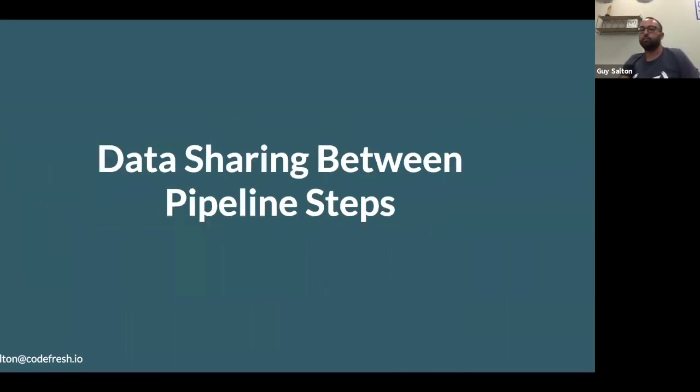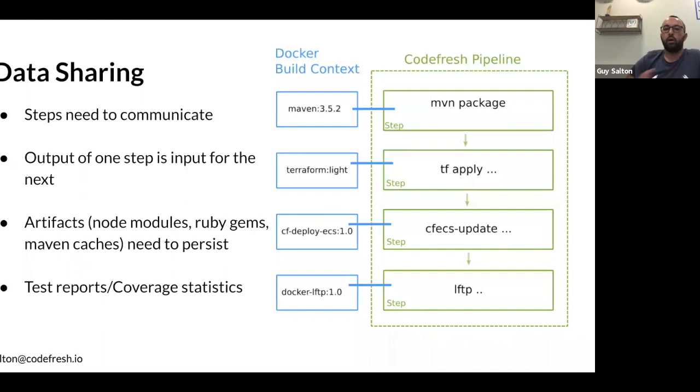Now I think this will be the last demo, for sharing data between pipeline steps. So a lot of times we need to share data between steps. For example, a classic example would be, let's say you want to download some dependencies in one step, then you want to run some tests in the next step.